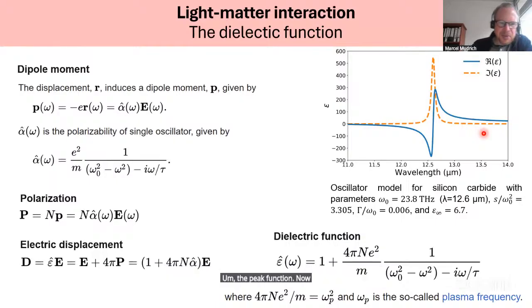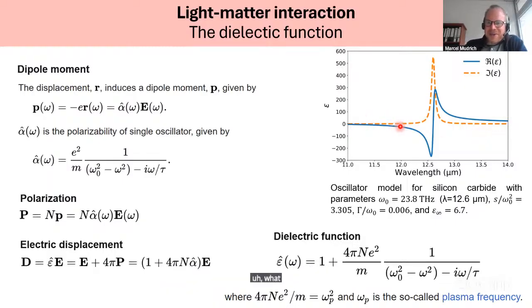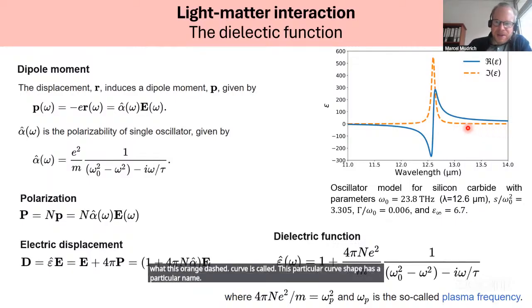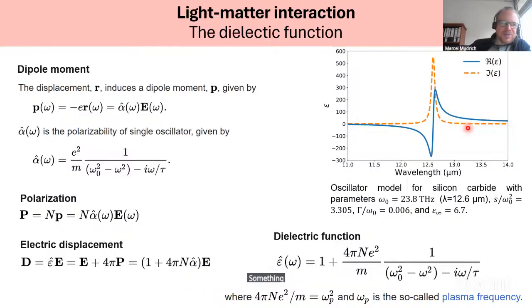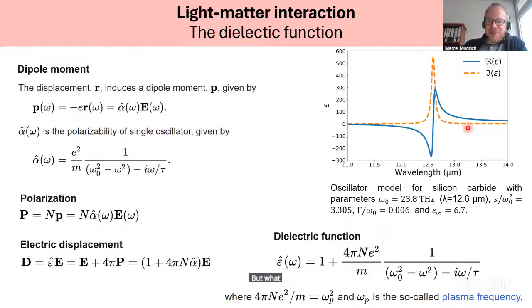Now, does anybody remember or know what this orange dashed curve is called? This particular curve shape has a particular name, something like a Gaussian function, but I can tell you this is not the Gaussian function. What's the name of this orange curve shape? Has anybody seen this type of peak function?